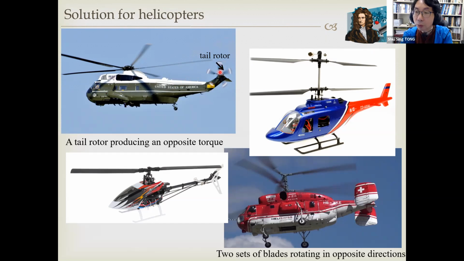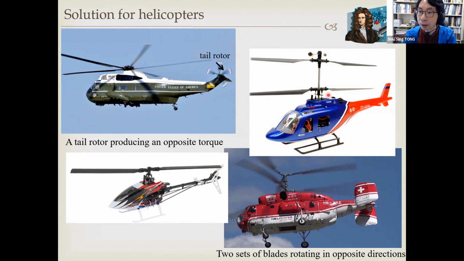But the tail rotor produces a torque that balances that extra rotation, and that makes the helicopter stable. Some helicopters have two sets of blades rotating in opposite directions, so the angular momentum can always be conserved without setting the body of the helicopter into rotation.